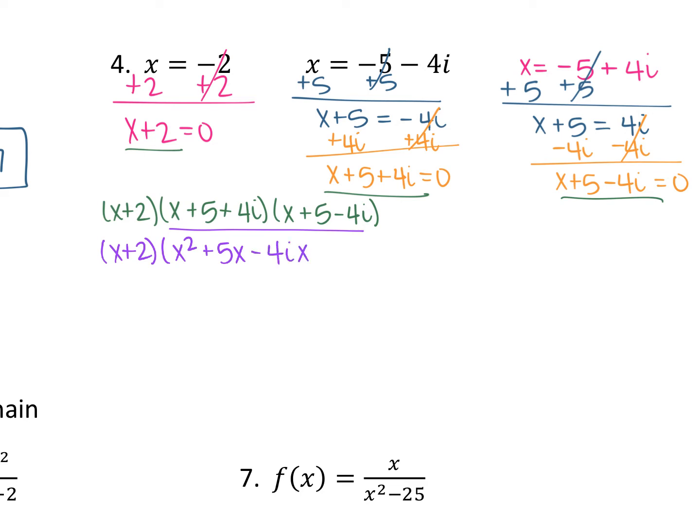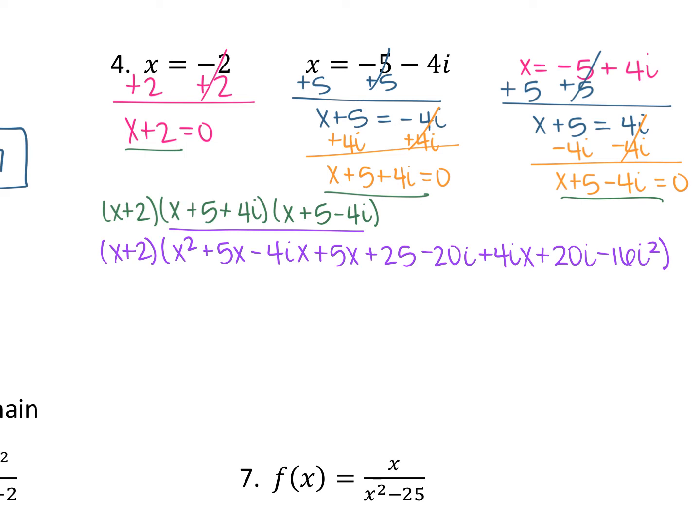The 5 times x is 5x, 5 times 5 is 25, 5 times negative 4i is negative 20i, sorry. Now the 4i times x is positive 4ix. The 4i times 5 is positive 20i. The 4i times negative 4i is negative 16i squared.